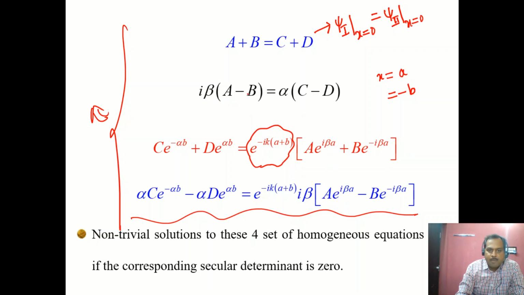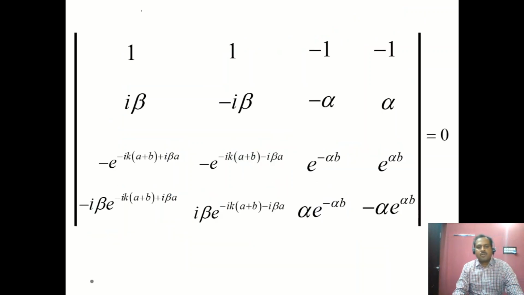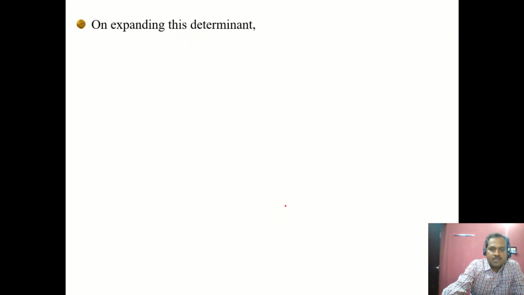So I beta into a minus b minus alpha into c minus d is equal to 0. Like that we can collect all the coefficients and a 4 cross 4 determinant will come. If you evaluate it, then we can get this.